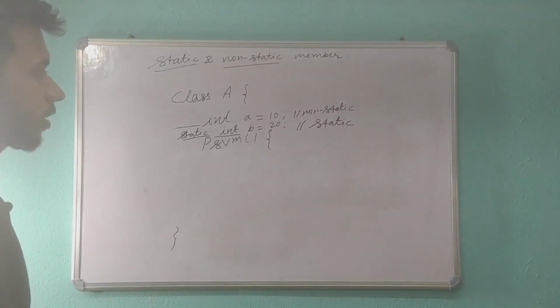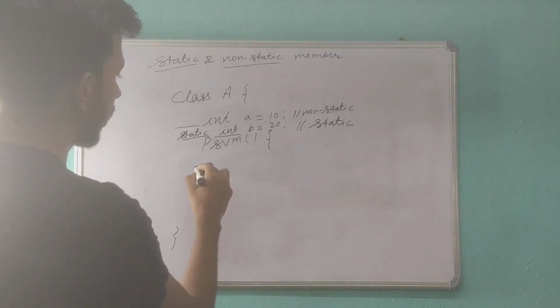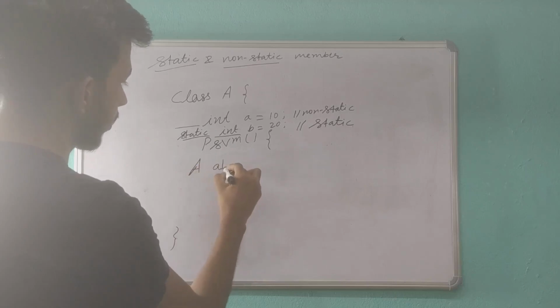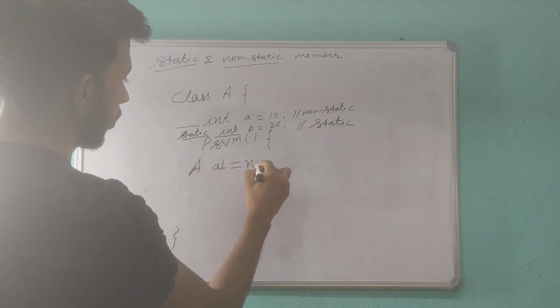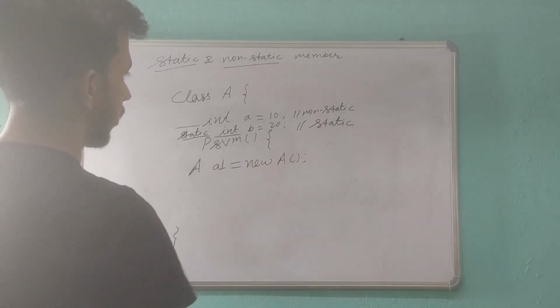To access non-static, we have to create an object. How to create an object? Class name, reference variable, new keyword followed by class name and parenthesis, then semicolon.